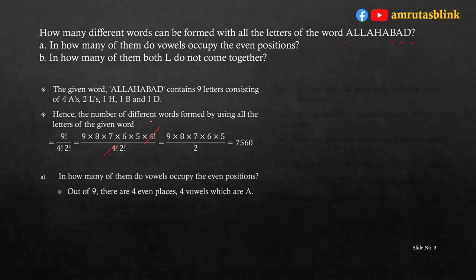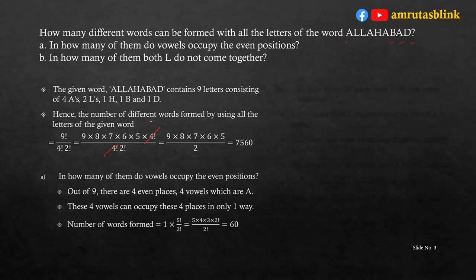Now how many vowels are available with us? There are 4 A's available and the rest of the letters are L, H, B and D. These are not vowels. So we just have 4 A's which are to be placed at the 4 even places. So now these 4 vowels can be placed on 4 even places in only one way.